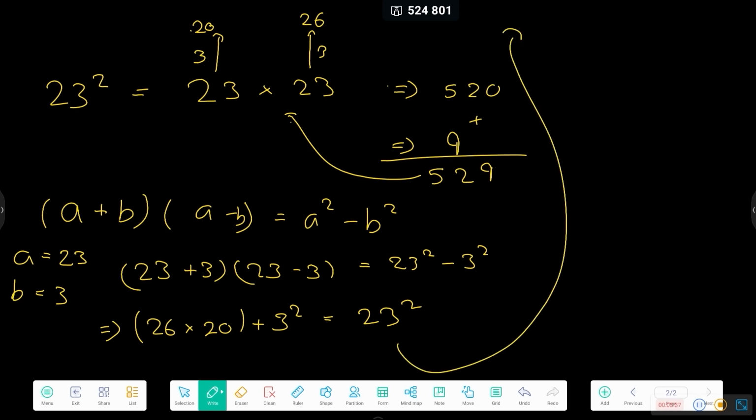Let's take this here. 26 into 20 is 520 plus 3 square is 9, which is the same as this. Looking at this, we understand that this algebraic identity a plus b into a minus b is equal to a square minus b square is the backbone of this magic trick.